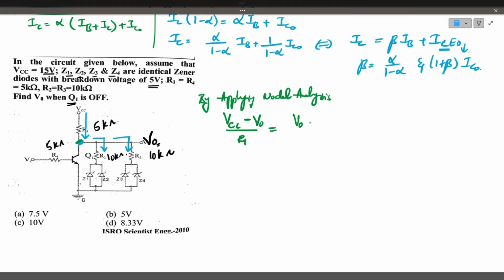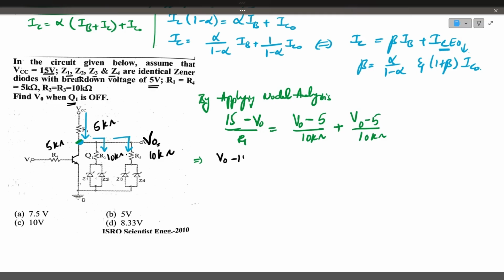(V naught minus 5 volts, the breakdown voltage of the Zener diodes) divided by 10 kilo ohm, plus (V naught minus 5) divided by 10 kilo ohm. If you substitute the VCC value here, VCC is 15 volts. So now you can solve this equation.